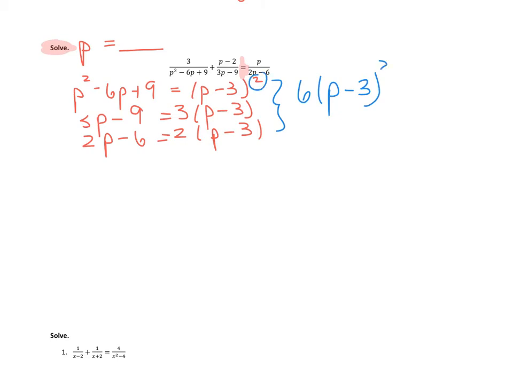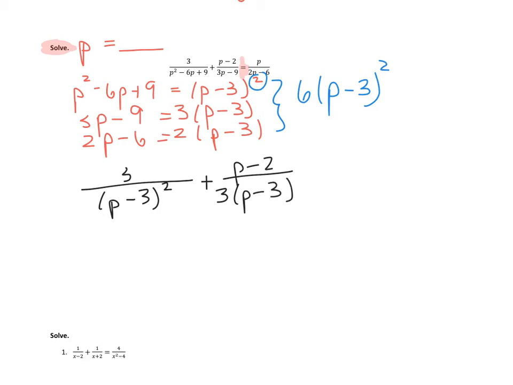We need the largest power, so we need p minus 3 squared. And that's our LCD, so we're going to take each of our terms and multiply it by the LCD. I'll factor as we go.